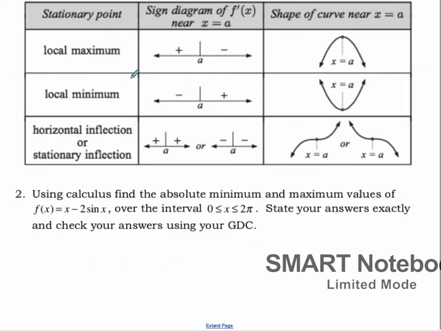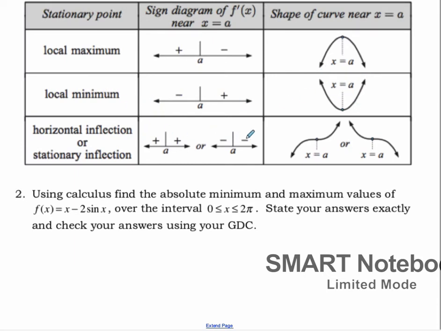Okay, so if you want to figure out if it's a local minimum or local maximum, you need to test points to the left and to the right. If it goes from positive to negative, that means it's increasing, then decreasing, then we have a maximum. If it's going from negative to positive, then it's going from decreasing to increasing, so we have a minimum.